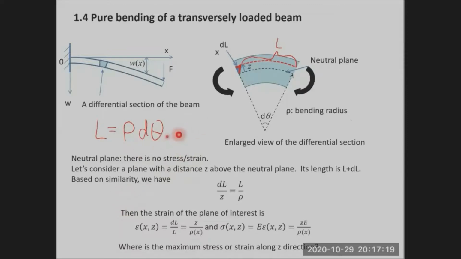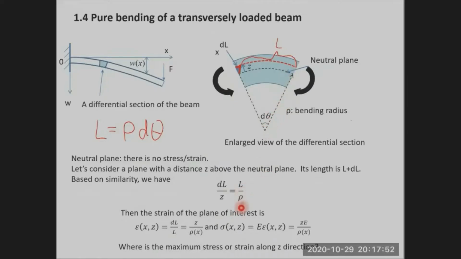Then we compare this small triangle. There's a very small triangle and there's a large triangle. These two triangles are similar. So based on similarity, dl over z is equal to this distance over this distance, right?